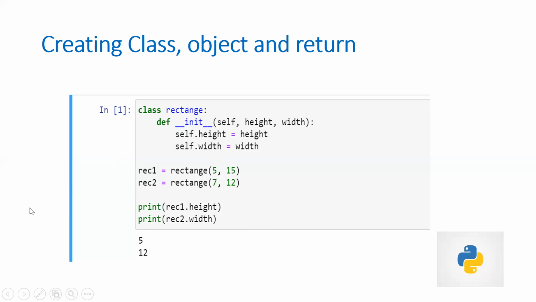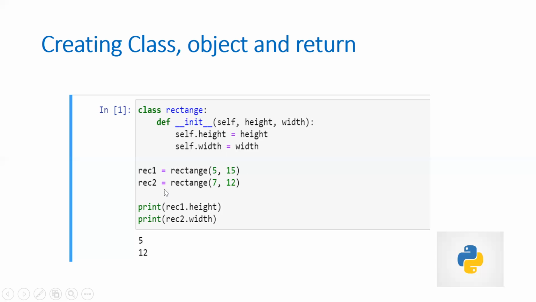Now we have to implement some properties of encapsulation here. The thing is, you see that outside this class you have written that the value is 5 and 15.